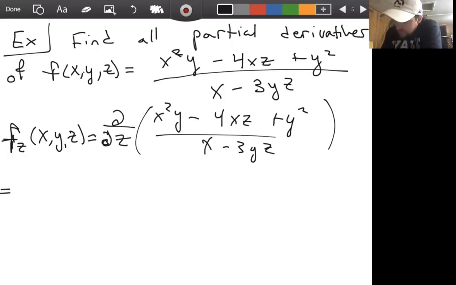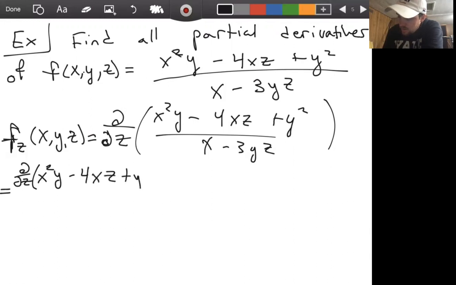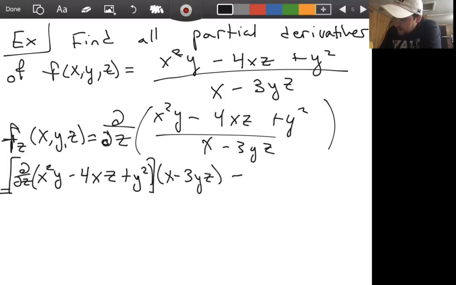So it's the derivative of the numerator times the denominator, minus the numerator times the derivative of the denominator.